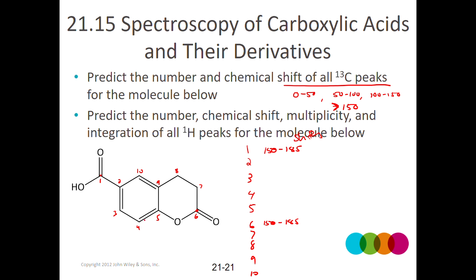Carbons 2, 3, 4, 5, 9, and 10 are all part of an aromatic ring. They're all sp2, so they should each appear between 100 and 150. There's no symmetry on the ring.